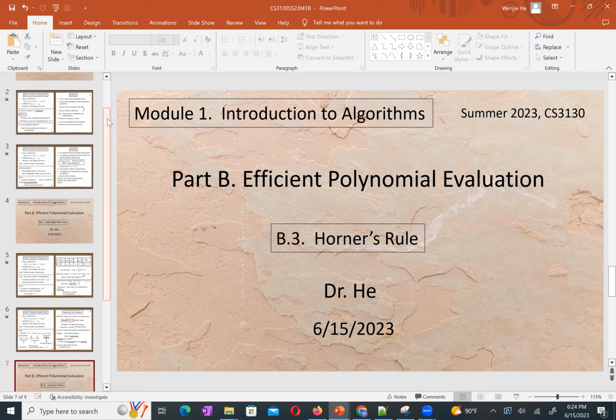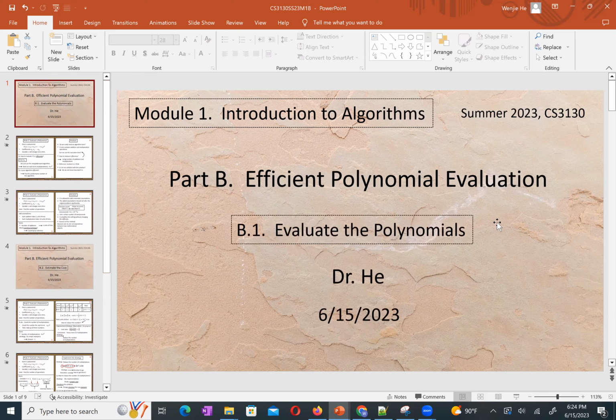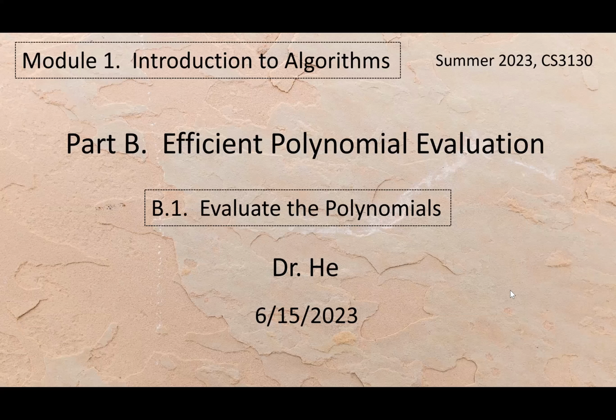So now we move to part B. The title: Efficient Polynomial Evaluation. This is another simple but interesting question, and we will do our first programming project based on this topic.